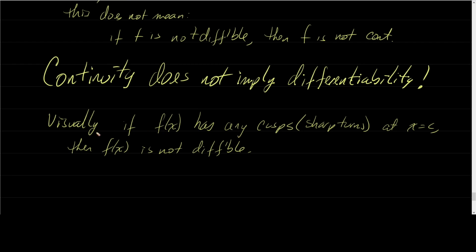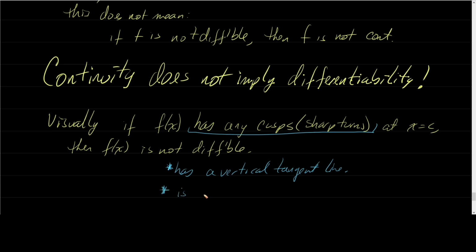So here, instead of saying if it has any cusps, we could also replace that statement as if it has a vertical tangent line, sorry, not a vertical asymptote, a vertical tangent line at c, or we can also say something like, or if it is discontinuous at x equals c, all right? So those are the three scenarios that we just spoke about.